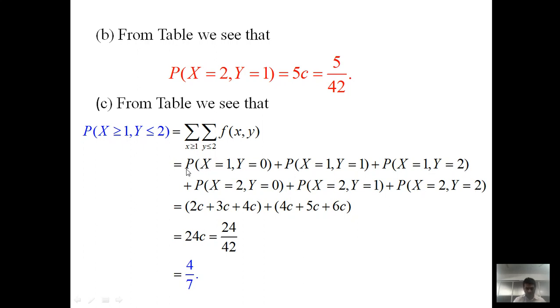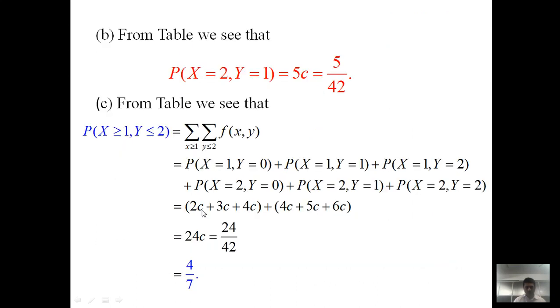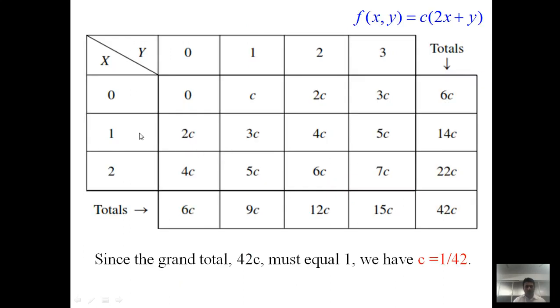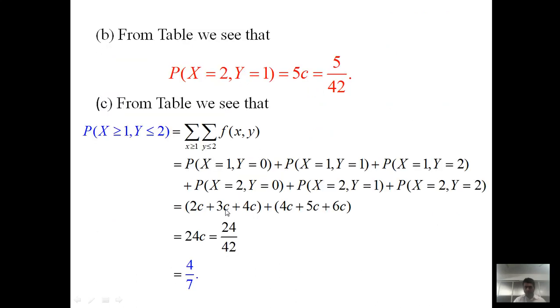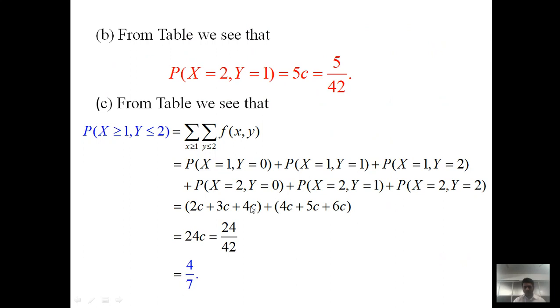So just see this first one, the probability of x equal to 1, y is 0, that is 2 into c. So here we write down 2c. Now the probability of x and y both being 1 is 3c. So this second element is 3c. Probability of x=1, y=2, that is 4c. So it becomes our third element.